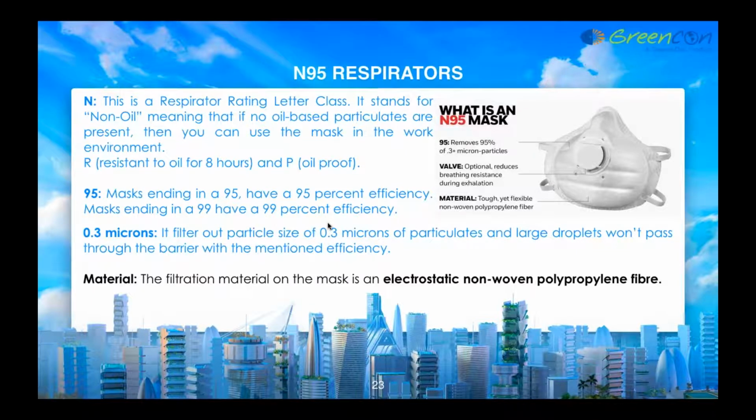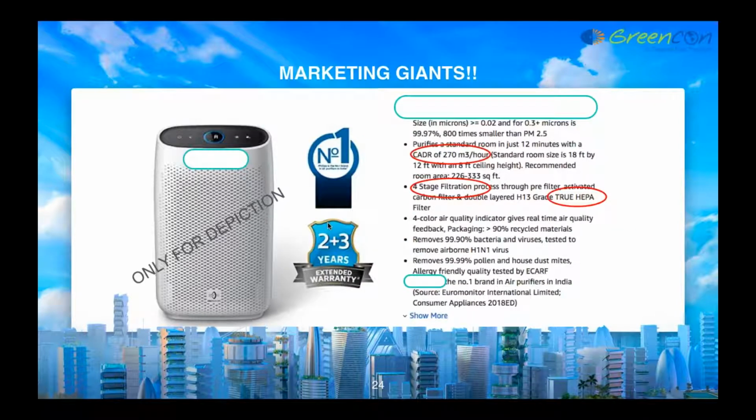This is the kind of media which you see being prevalent and used in various companies which are advertising with the so-called words true HEPA, multi-stage filtration, 1, 2, 3, 4, 5, 6, 7 stage filtration. They define different CADR, clean air delivery rate, and they talk of different coverage areas.